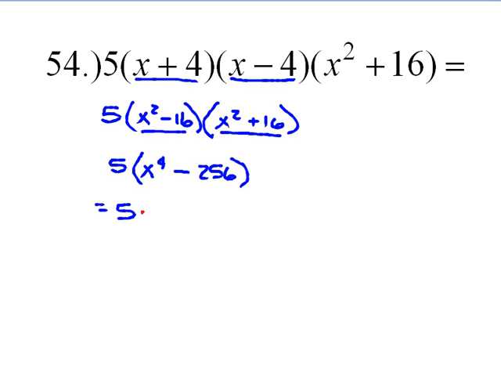Finish this off, gives us 5x to the fourth minus 5 times 256, which I got to be 1280. Alright, so what I'm trying to tell you is always look for this difference of squares. It saves you time. You don't want to go into the smiley faces because you won't have a middle term. So look for the difference of squares. That's the one I want you to recognize.